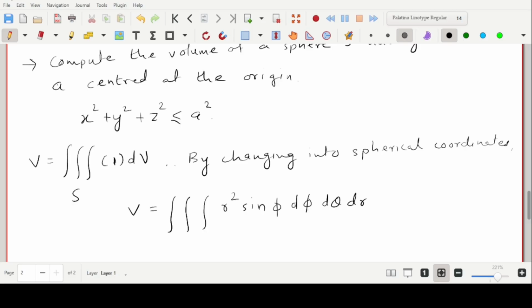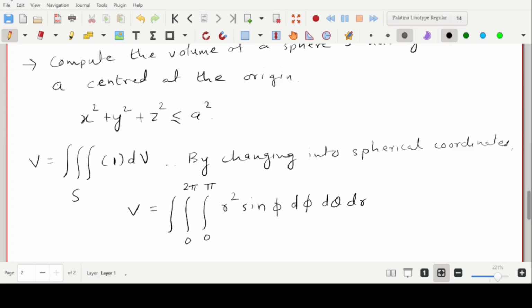Now since we are first integrating with respect to phi, and since we are considering the whole sphere, phi will vary between its whole range. Similarly, theta will vary between its whole range, 0 to 2 pi. And since we are taking the sphere of radius a, r is the distance of the point from the origin.